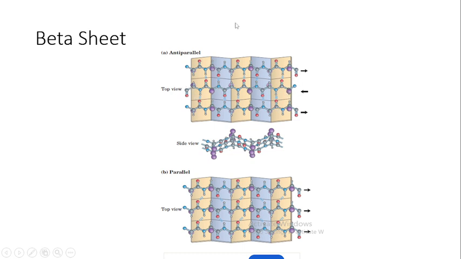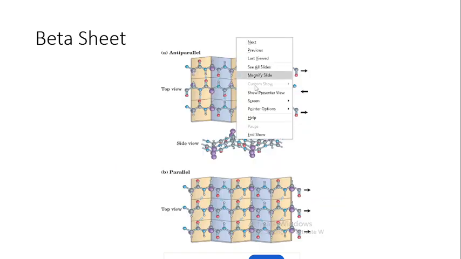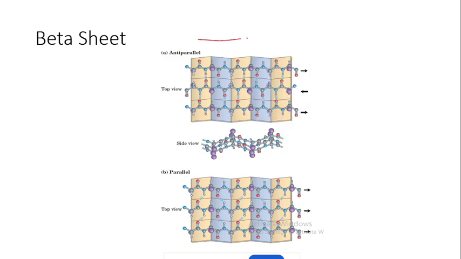If we consider this direction as N to C, then the first layer has this direction, but the second layer has this direction, because N is here and C is here, while in the first layer N is here and C is here. So that's why it is anti-parallel beta sheet, and the interactions are right here.